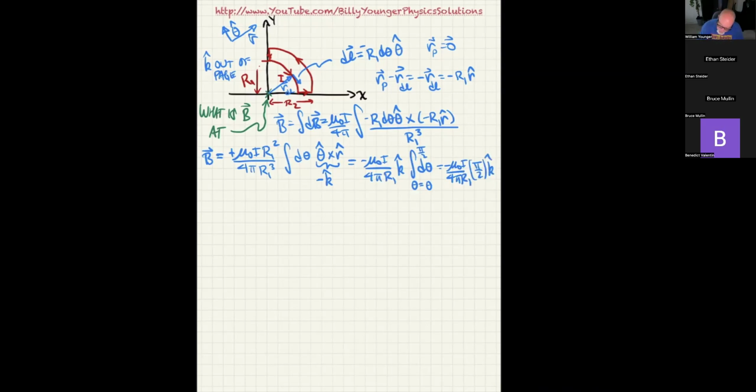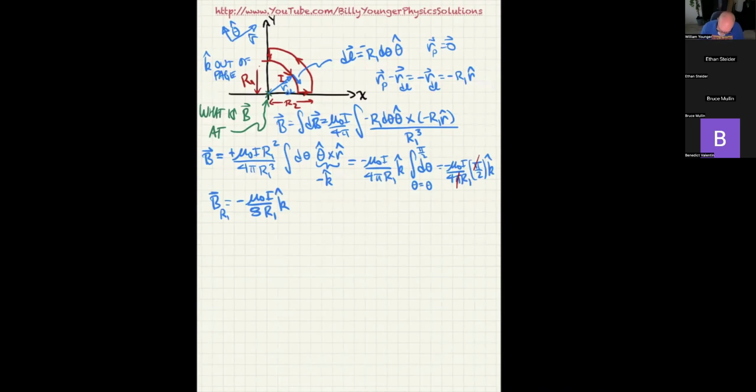And you can see that that pi cancels out with this pi down here. And this 2 is going to make it an 8. So we get B due to the R1 is equal to negative mu 0 I over 8R1 k hat.